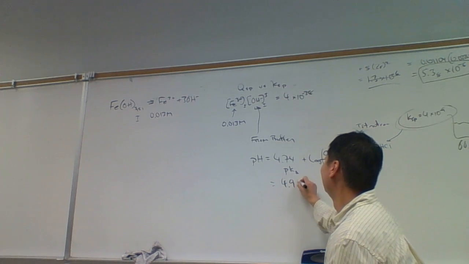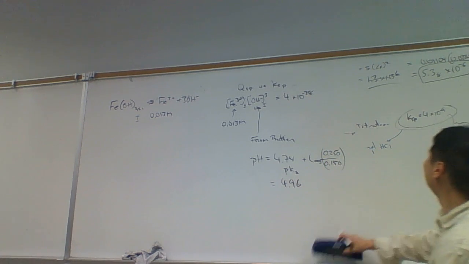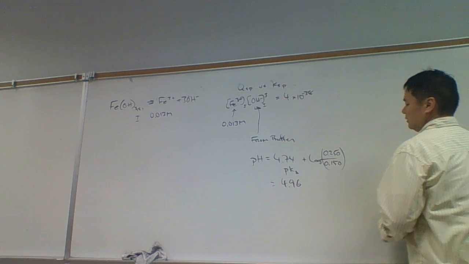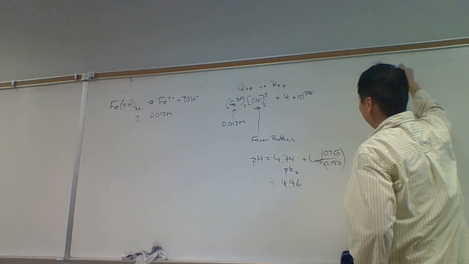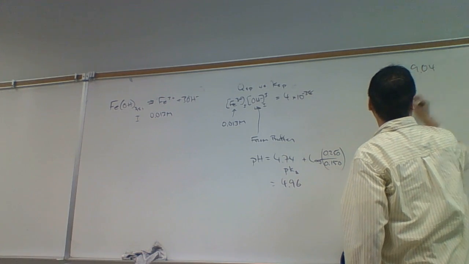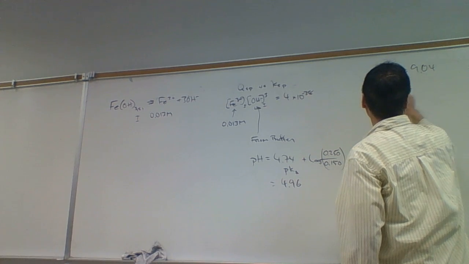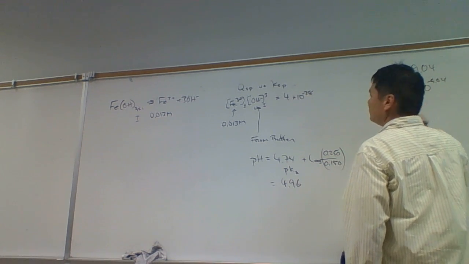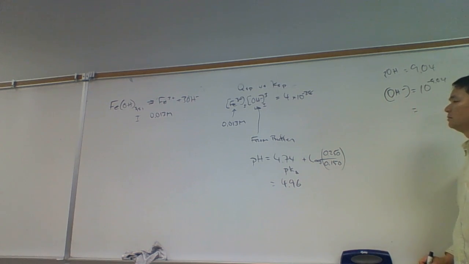Okay, if we get a pH of 4.96, we can get the pOH. The pOH is going to be 9.04, and that means the hydroxide ion concentration is going to be 10 to the minus 9.04, which is equal to 9.12 times 10 to the negative 10.